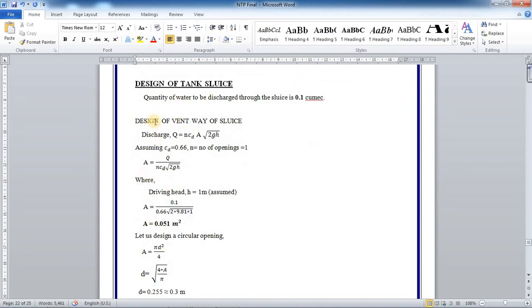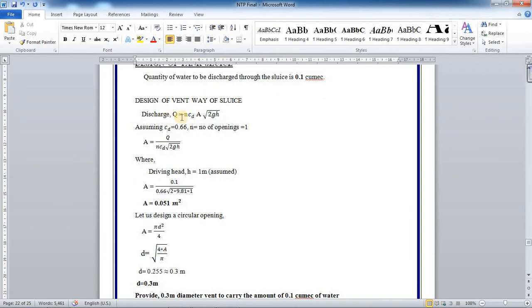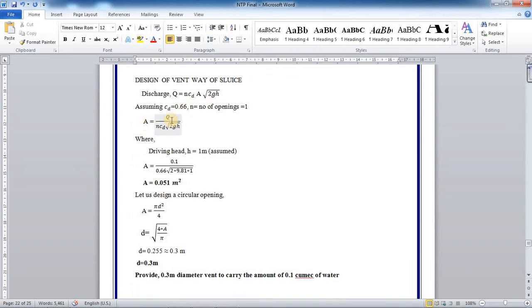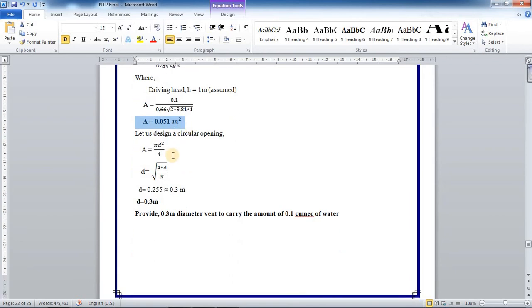In order to calculate the diameter of the tank sluice, you can use this formula: Q is equal to N into Cd A root 2gh, where N is the number of vents or openings to be made. Assuming one opening and Cd equal to 0.66 for a circular opening, A is equal to Q divided by N Cd root 2gh. Substituting, 0.1 divided by 0.66 root of 2 into 9.81 into 1, we get the area of the vent as 0.051 square meters.